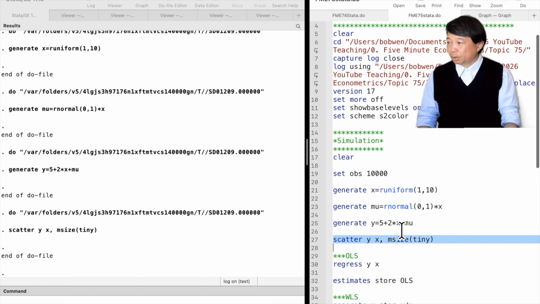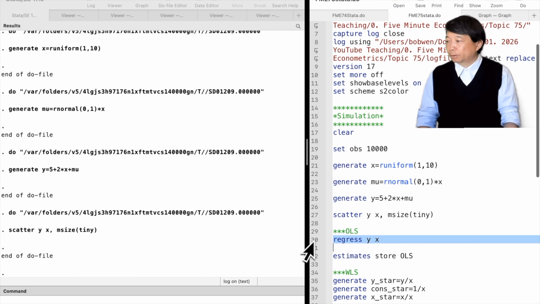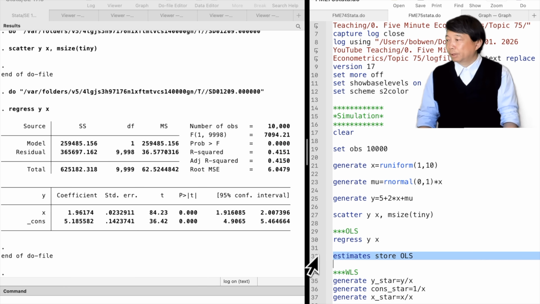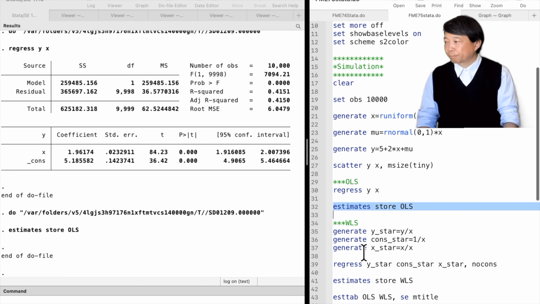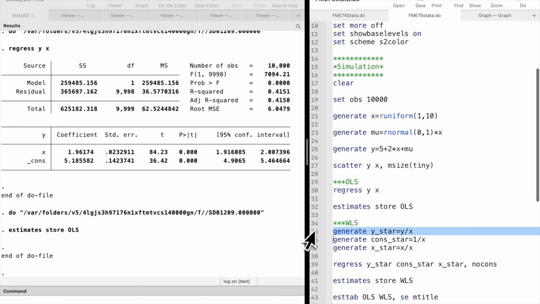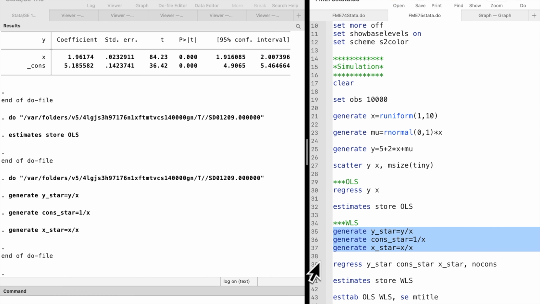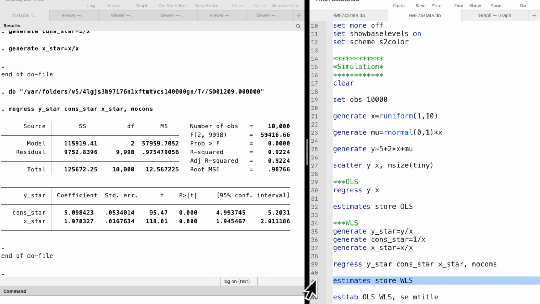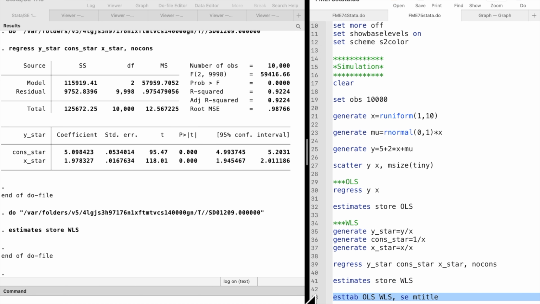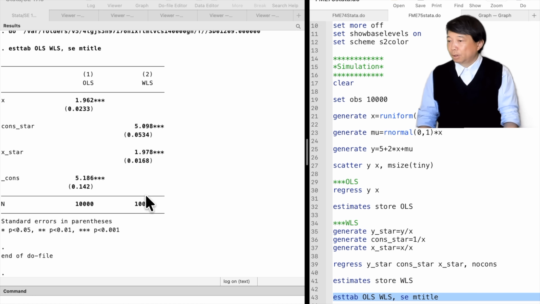We can compare the OLS and the WLS estimates and see which one is better. Both the WLS and the OLS estimates are very close to the population parameters we set.